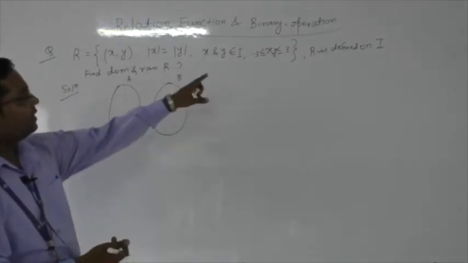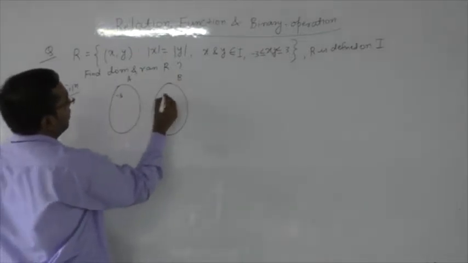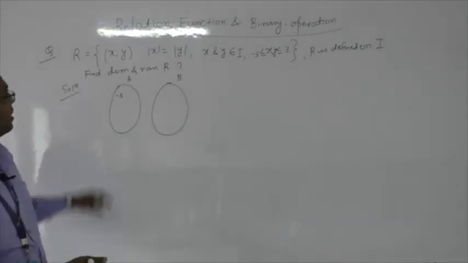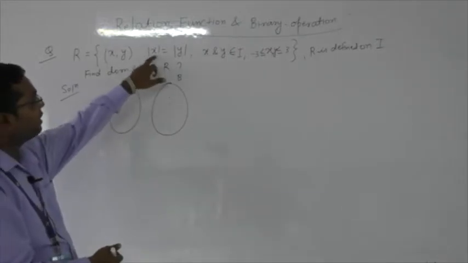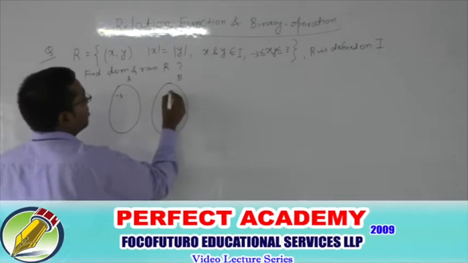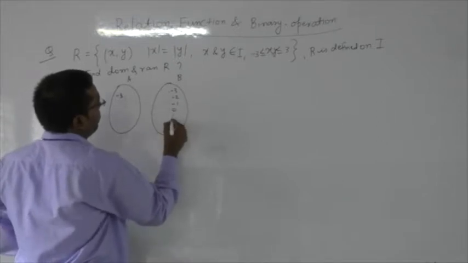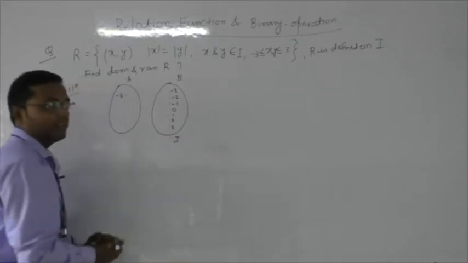Now I can take -3 here as x, and here the y values we will be taking. Corresponding to -3 in A, -3 and 3 have the same mod. Suppose I take here -3, -2, -1, 0, 1, 2, 3, and so many other integers it will contain.